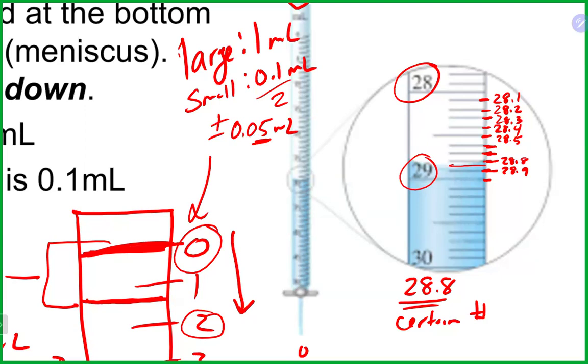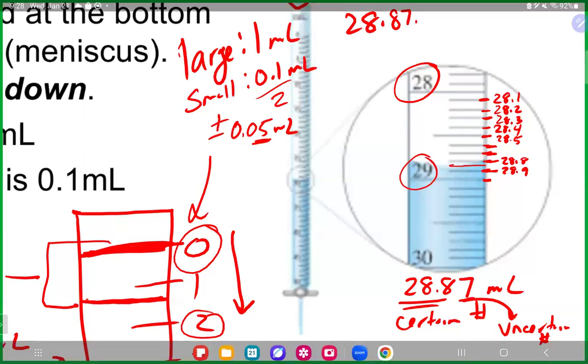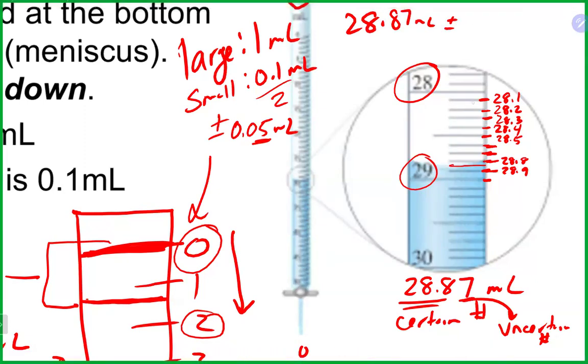And again, you could feel like it's halfway there. Maybe it's more than that, so you could go with a 7 if you like, and that would be my uncertain number. And again, we would have, say, something like 28.87 milliliters plus or minus 0.05 milliliters in this particular case.